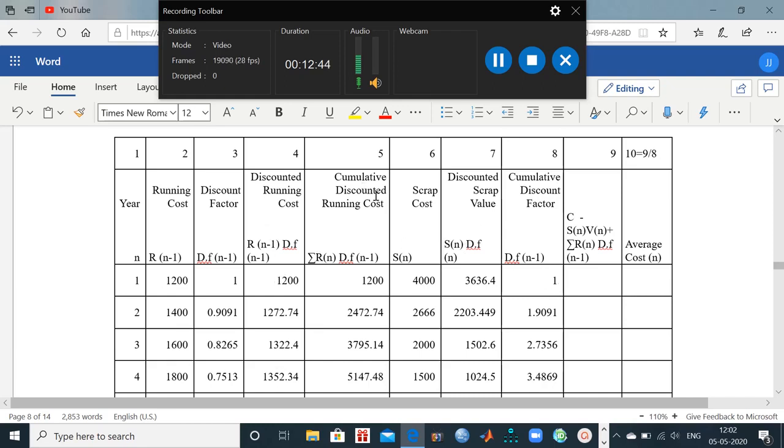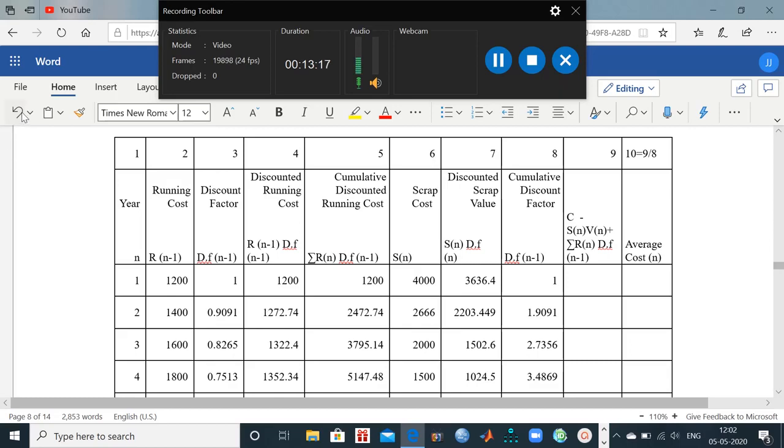So if we need to look at this here, this should be 6,000 minus 3636 plus 1,200. So that is 7,200 minus 3636. So likewise, for every row, it's the capital cost minus the corresponding discounted scrap value plus the corresponding discounted running cost.